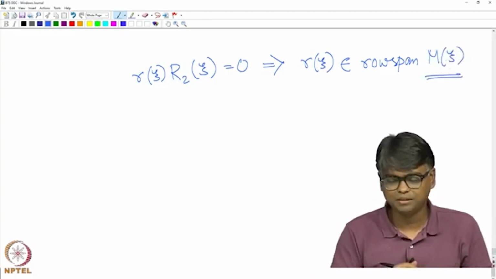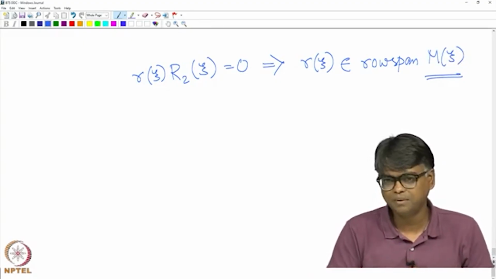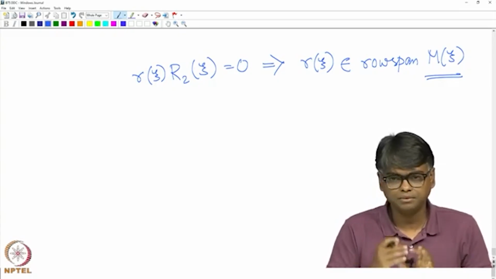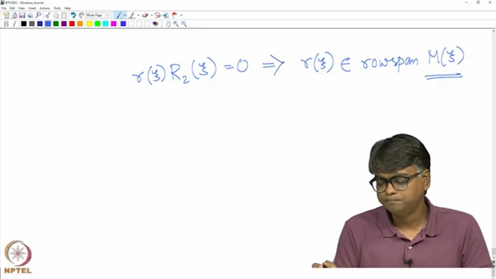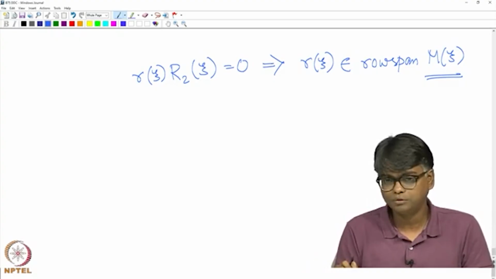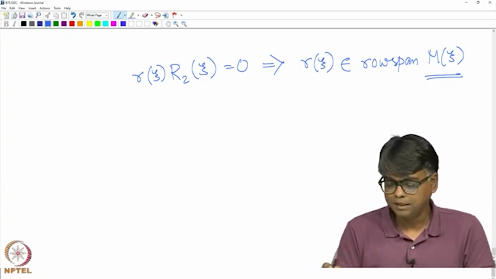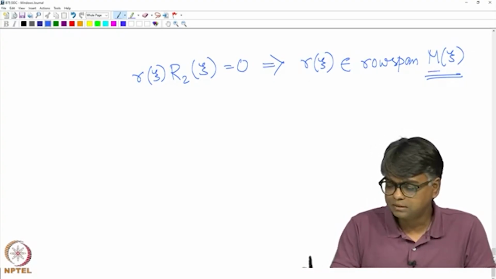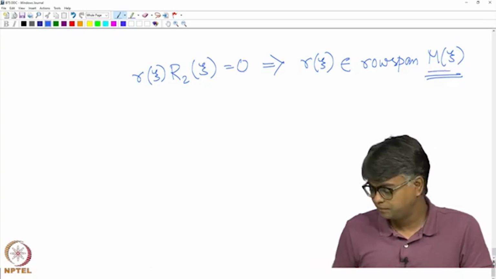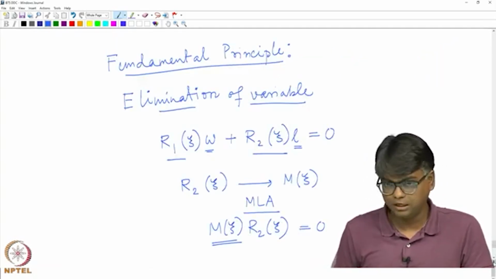I should say a maximal left annihilator, because there could be multiple matrices, but in any case the row span module is the same. We call this the MLA matrix, the maximal left annihilator.